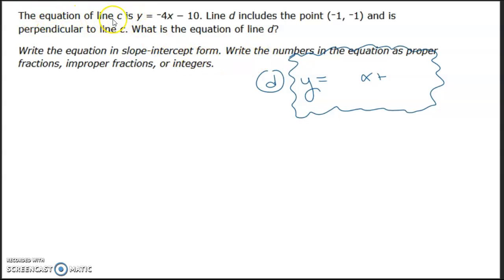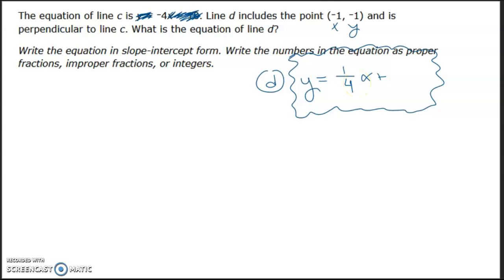This is line C. Line D includes the point, another x and another y, and is perpendicular to line C. So when I'm looking at line C, I only care about that slope. I don't care about anything else. And I need to find a slope that's perpendicular to this. So I'm going to make it positive, and instead of 4 over 1, I'm making it 1 over 4.